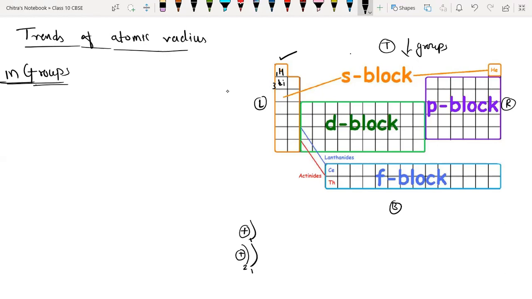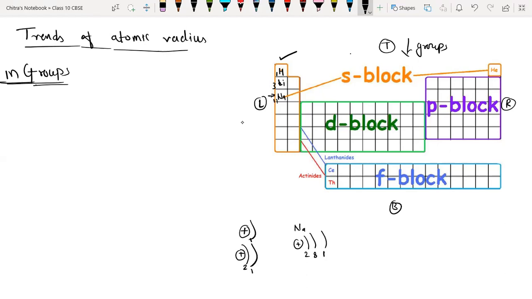Then in the third period, the first element is sodium, and sodium has atomic number 11. So for sodium, we will require 3 shells. Here we have the nucleus, first shell, second shell, and third shell. In the first shell 2, in the second 8, and in the outermost shell 1 electron. So here we have 3 shells.